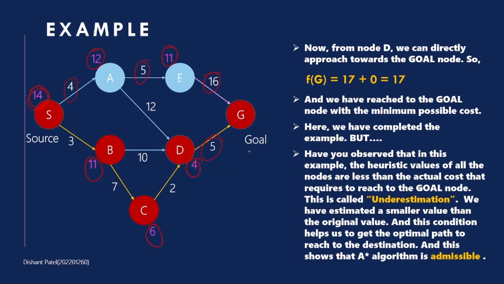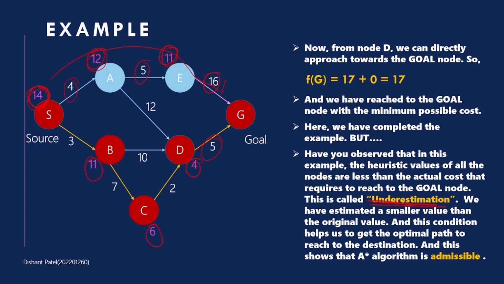So why do we have to do this? If we choose these less values from the actual values, we can get the optimal solution to reach this goal node. This condition is called underestimation.